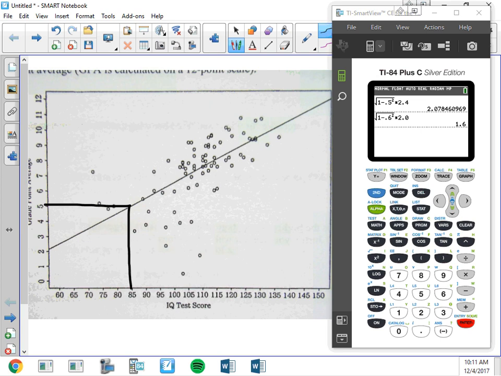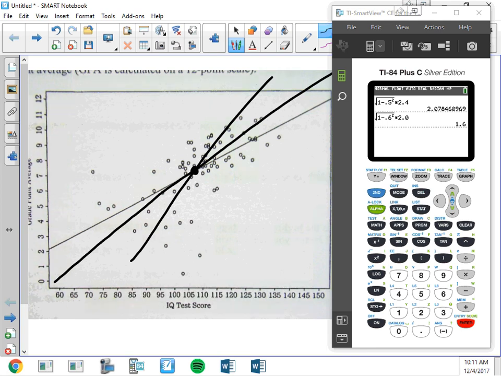So no, the answer would not be 85. In fact, the other regression line probably looks like this. It's going to hit the point of averages, but it's going to be reflected across the SD line. Do you remember that? If we take the SD line, which is this one right here, and we take our regression line and we flip it, we will end up with the other regression line.